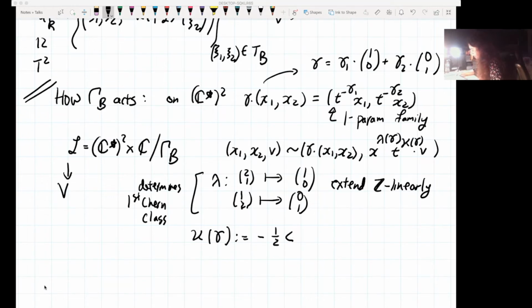Find this inner product structure. That's what morphic structure is.